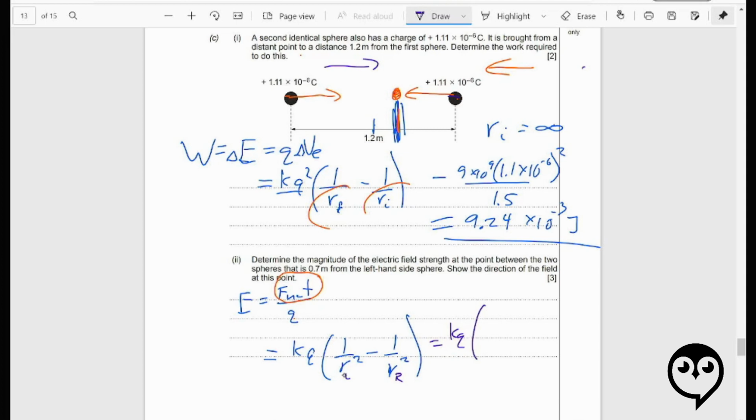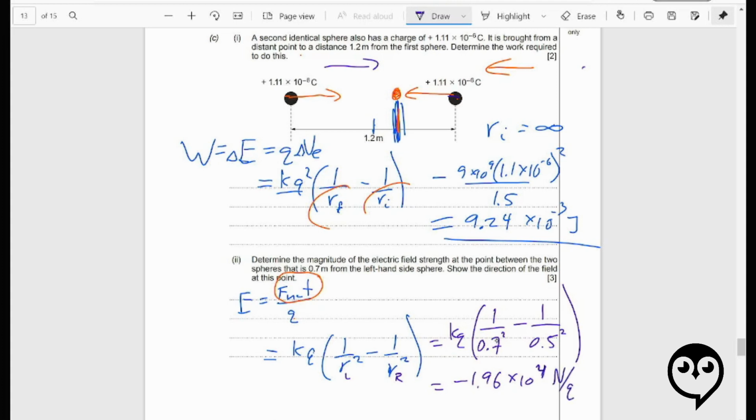So we know that the left distance is 0.7. So it's 1 over 0.7 squared minus 1 over 0.5 squared. Now, when I do that, I get a negative value, as I would have expected. I get negative 1.96 times 10 to the 4, and that is newtons per coulomb.